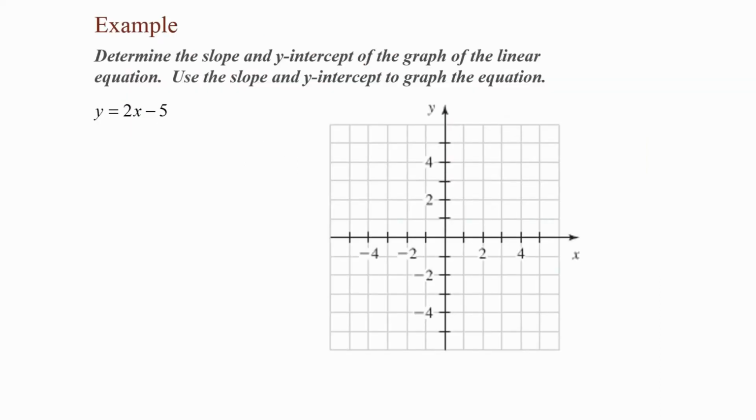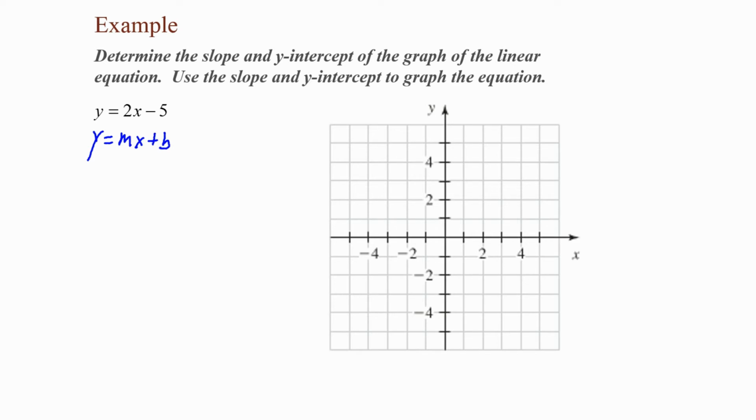Determine the slope and y-intercept of the graph of y equals 2x minus 5. In this example, we're then going to use the slope and y-intercept to graph the equation. Our first step is to make sure it's in the slope-intercept form of a line.